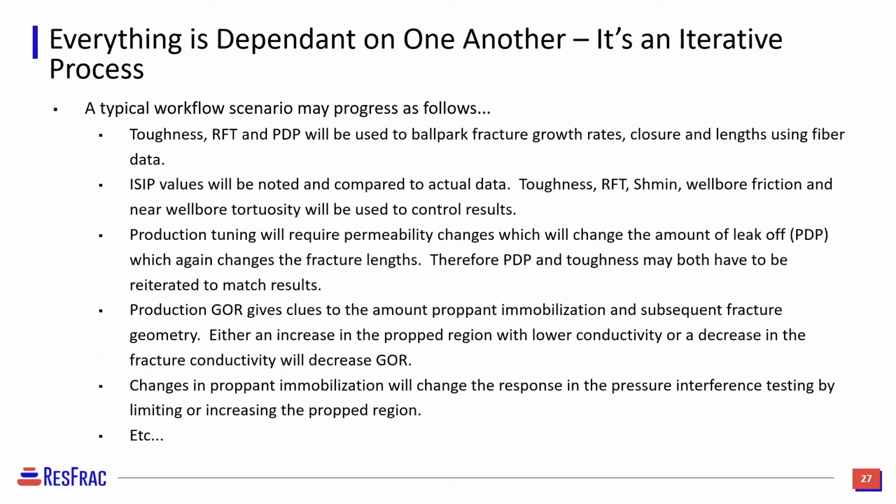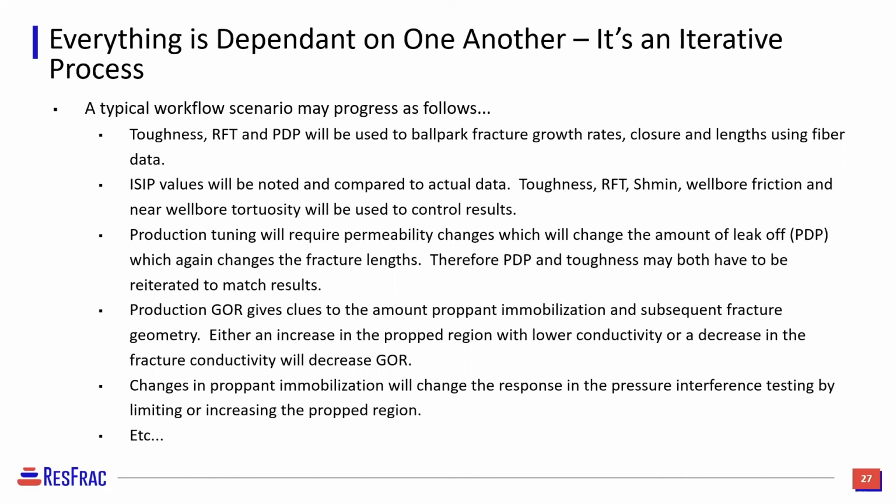ISIP values will be wrong, so I'll have to do something to actually fix those ISIP values. I'll look at toughness, RFT, SH-min, wellbore friction, or near wellbore tortuosity. Once I fix those, I got to go back, make sure my fracture growth rates, etc., are the same, or at least close. And then maybe I can start looking at the actual production.